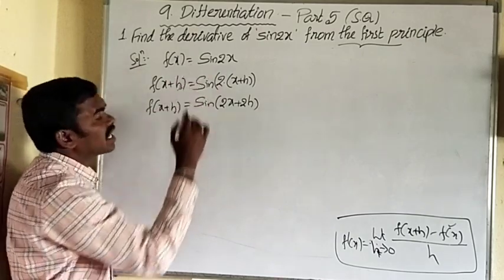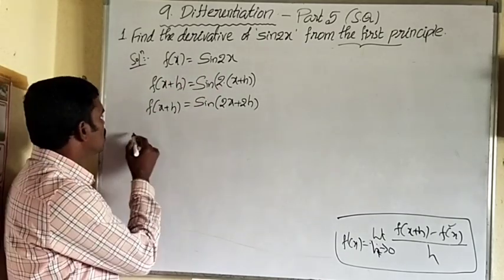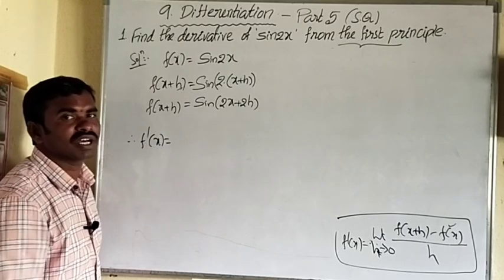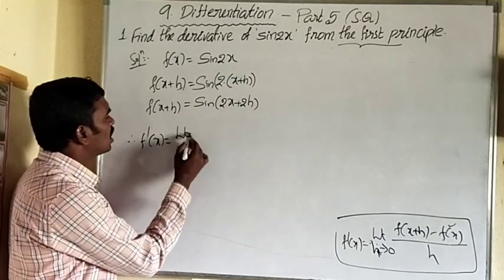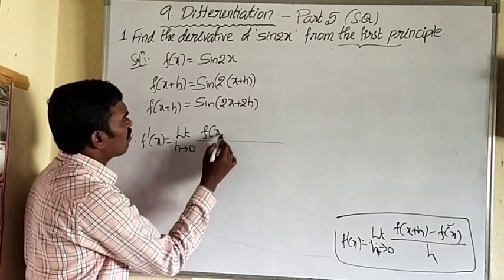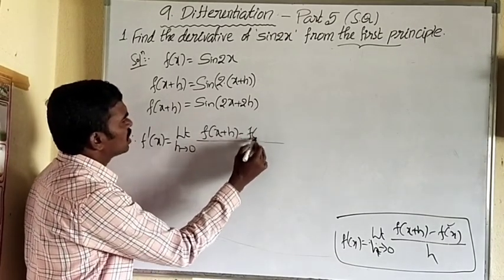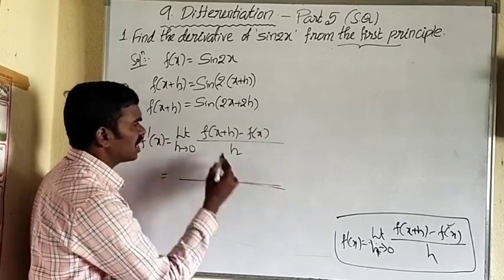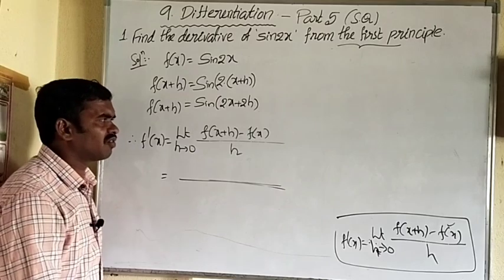What is asked is the derivative of the function, so that is taken as f dash of x. f dash of x is equal to limit h tends to 0 of f of x plus h minus f of x by h. You must remember the formula.